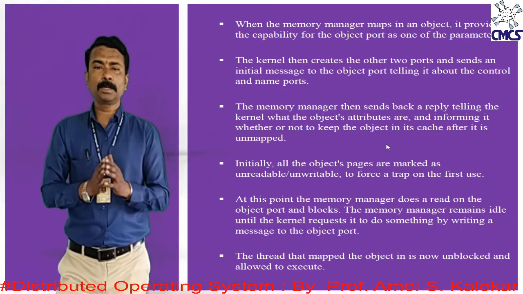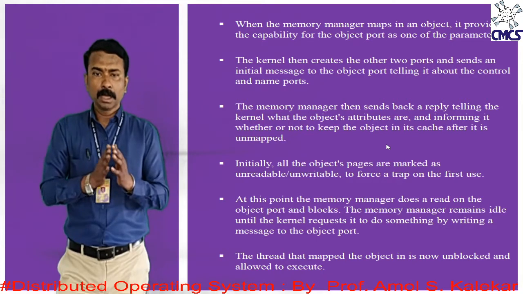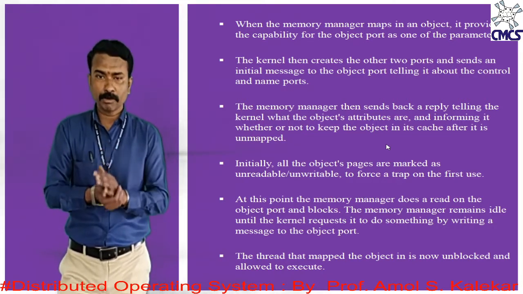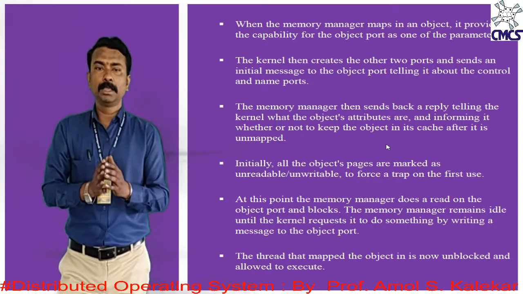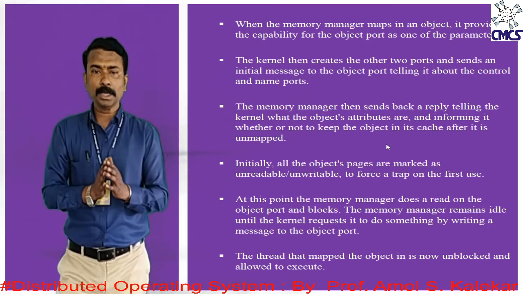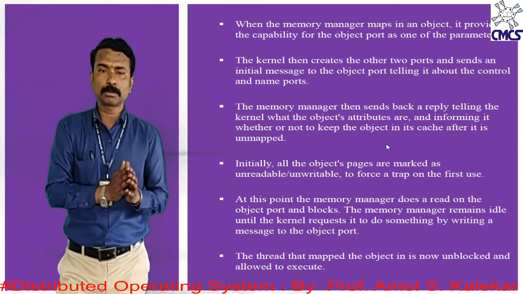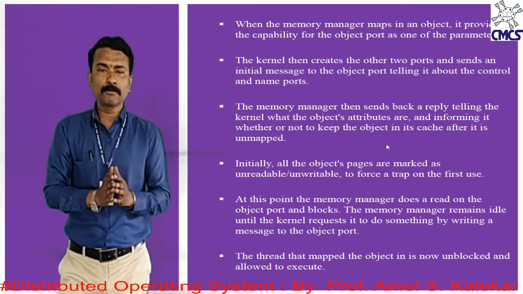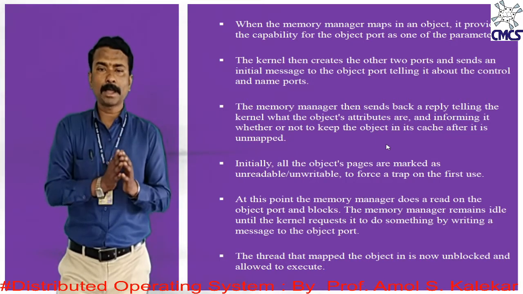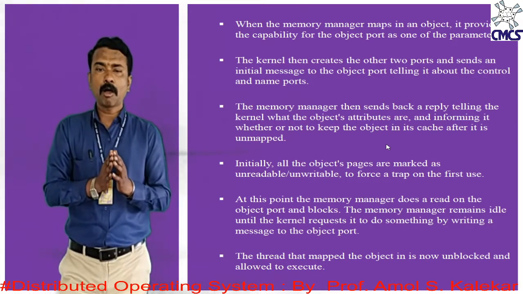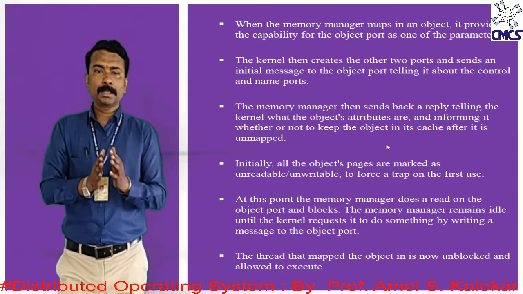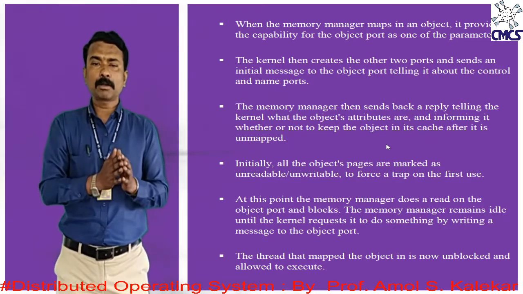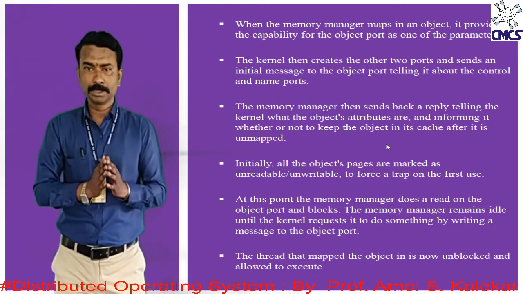Initially, all the object pages are marked as unreadable and unwritable to force a trap on the first use. At this point, the memory manager does a read on the object port and blocks. The memory manager remains blocked until the kernel requests it to do something by writing a message to the object port. The thread that mapped the object is now unblocked and allowed to execute. Okay.